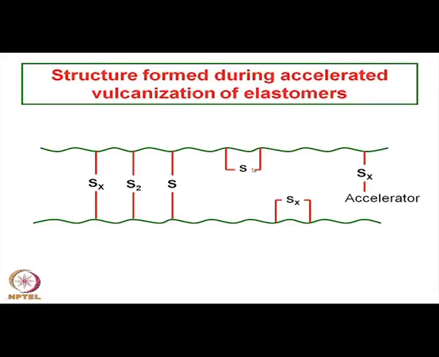Because the cyclic sulfide SX or S or this kind of linkage leads to wasteful utilization of sulfur, this is unrequired and is to be avoided, whereas the presence of these two will be very efficient for making a stable as well as strong rubber product.